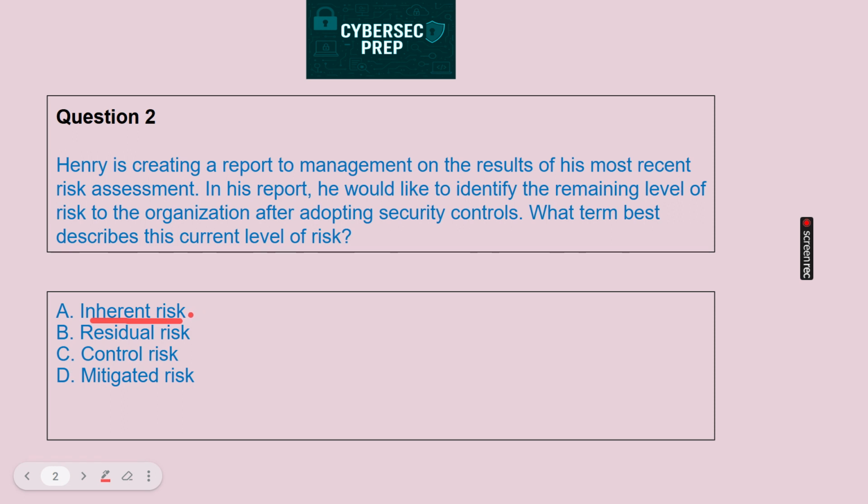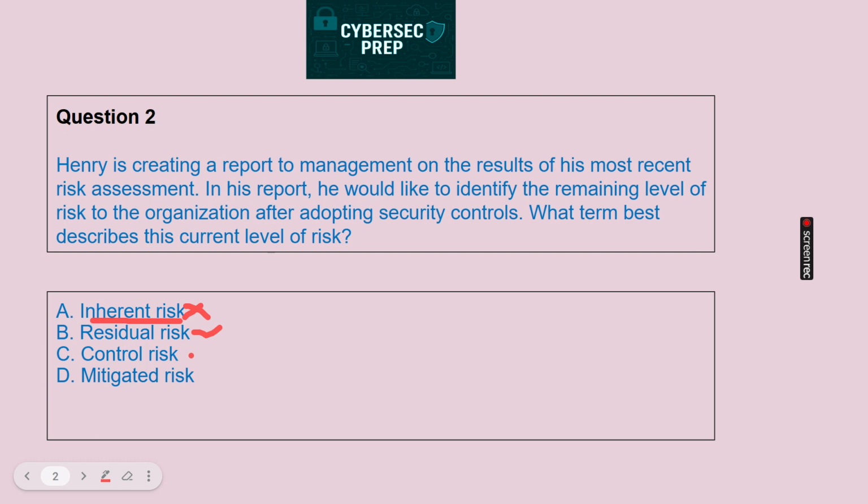But inherent risk is something different. So this is not the right answer. Let's move on to the next option, residual risk. Residual risk is the level of risk that remains after controls have been applied to mitigate the risk. So for now, this is looking like the correct option, but let's look at the other two options as well.